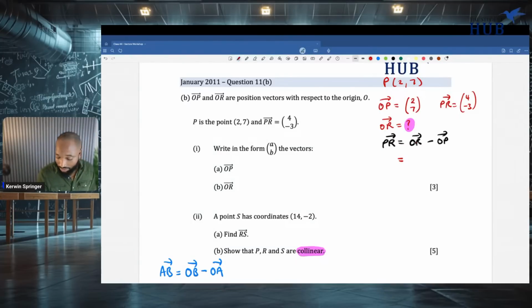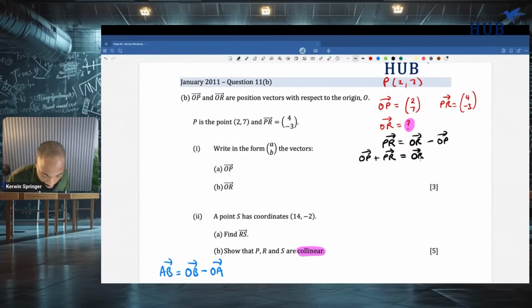OR, ladies and gentlemen, is what we're trying to find. So let's do a little rearrangement here. We can rearrange this and get OR, leave that there, bring across the OP. OP will turn positive, right? OR is really OP plus PR. Now this is also the key to vectors, finding another way.